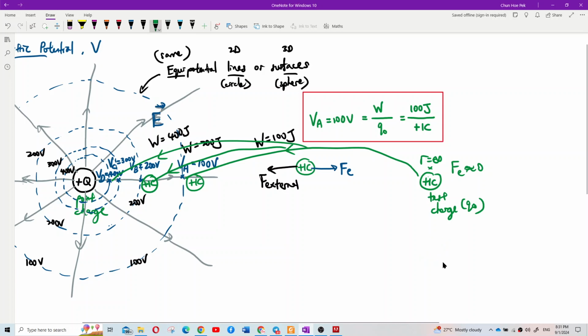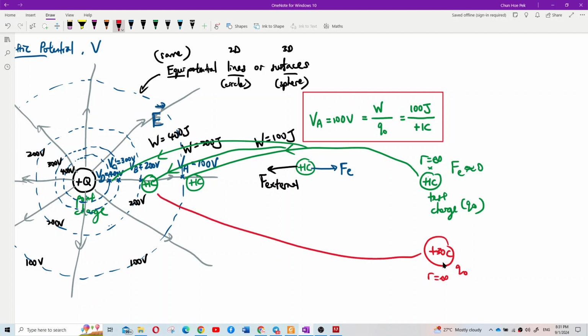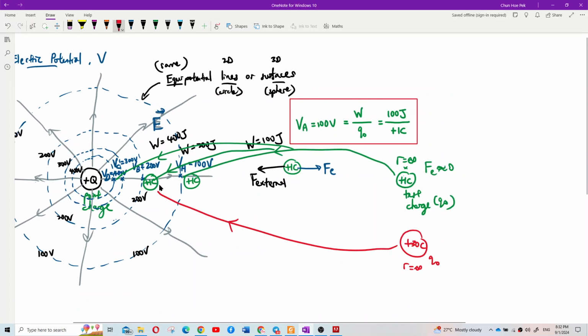Make it even weirder, maybe this time I want to bring positive 30 coulomb test charge, from infinity to, let's say, point B. So point B is potential 200 volt. Now I want you to calculate how much work done is used. Berapa work done?